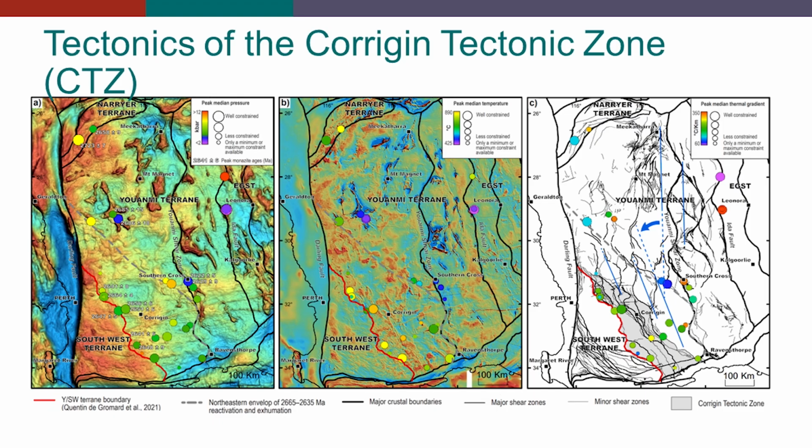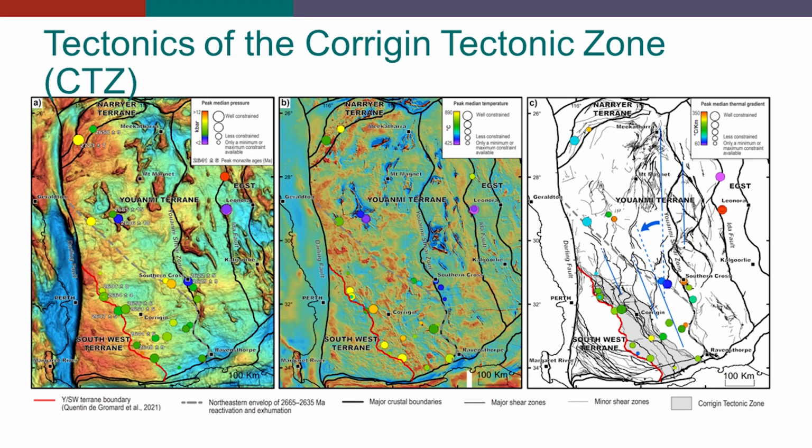The Corrigin tectonic zone is that area highlighted here in gray, which we see really well defined in the magnetics. And so it forms a belt that may be up to 100 kilometers wide that shows a really well-aligned series of northwest striking reflectors. Sorry, I've been seeing too much seismic data lately. Magnetic horizons.